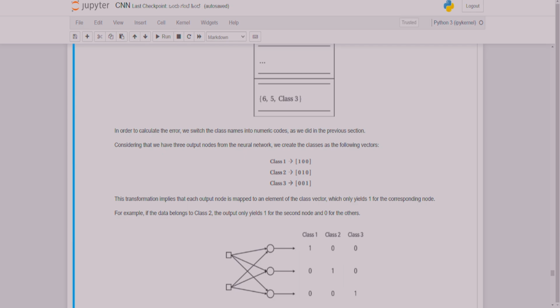If the data is class 1, this is the expected output; if the next value, this is the output; if it belongs to class 2, class 3, it is like this. One of the neurons will fire. My question is, will you be able to generate such values with sigmoid?